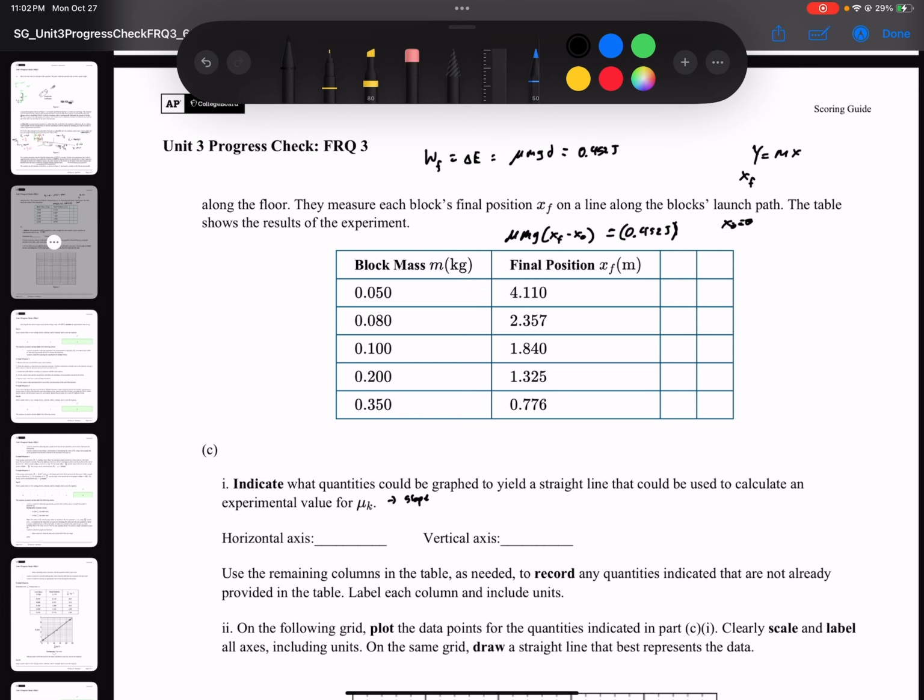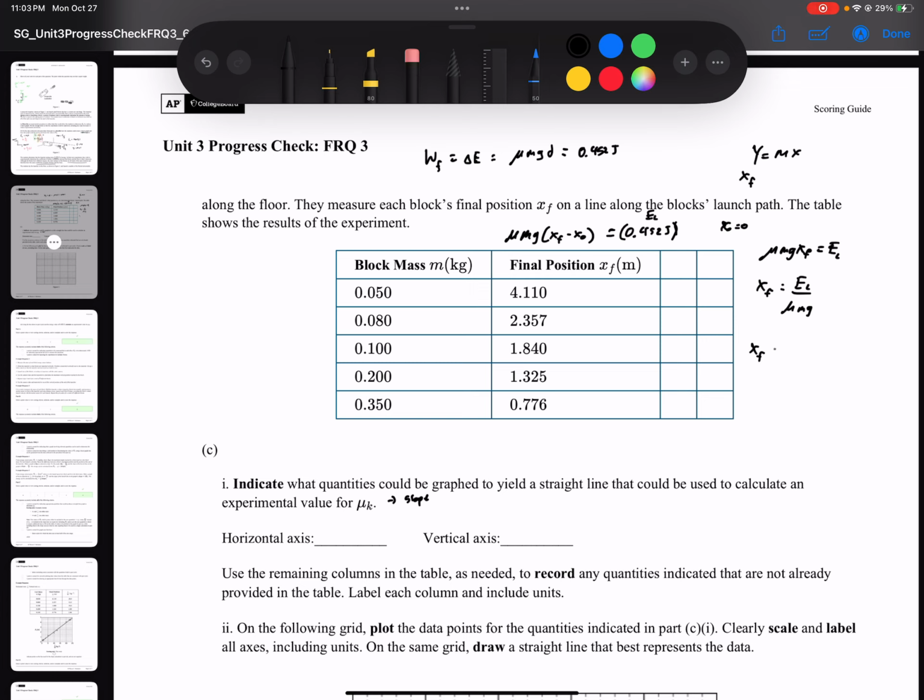Ideally, to make lives easier, that's how it's measured. So let's just say that x naught is 0. And then for this, I'm just going to put energy of the launcher. All right, so I have mu mg xf is equal to the energy of the launcher. Then I'm going to divide both sides by mu mg, right? So my final position is equal to the energy of the launcher divided by mu mg. And m is my independent variable.